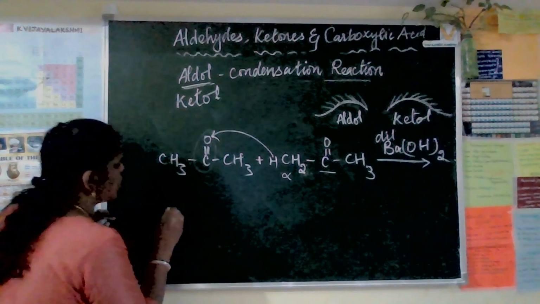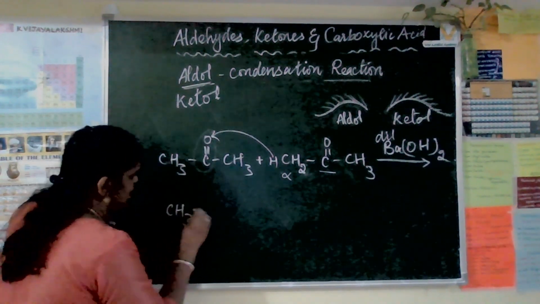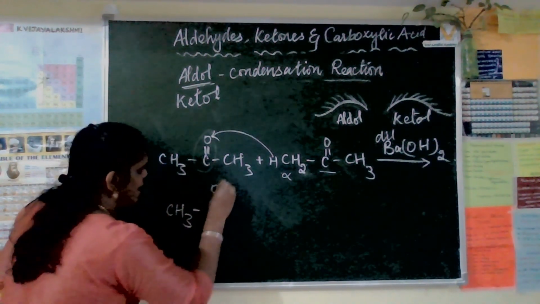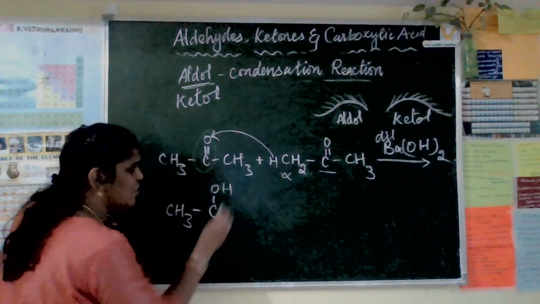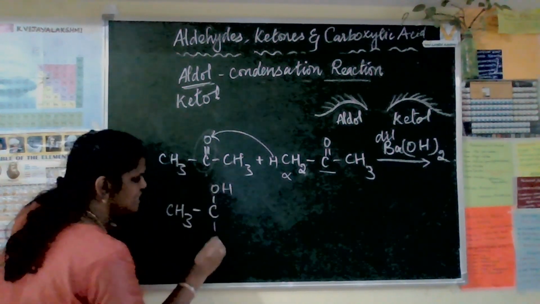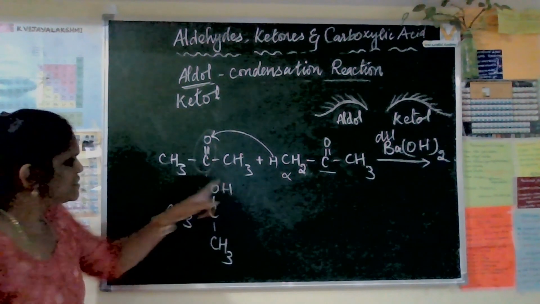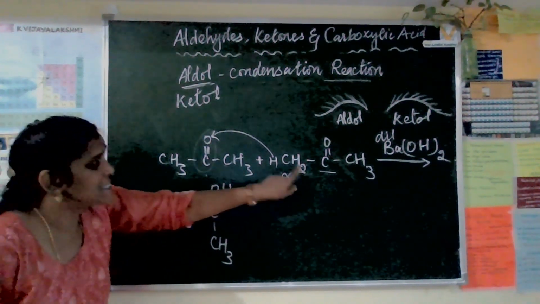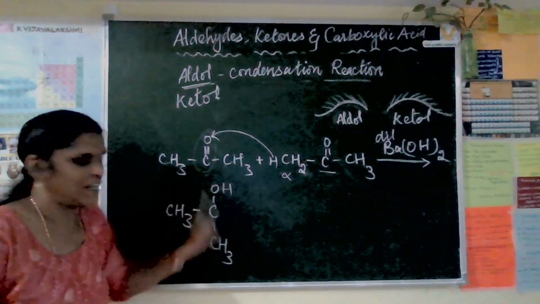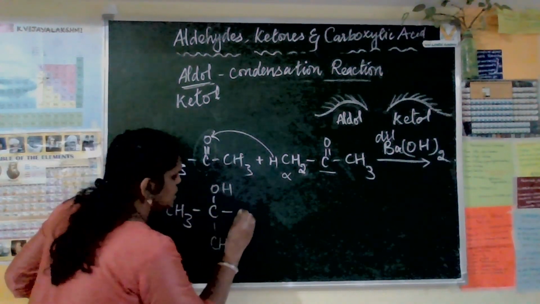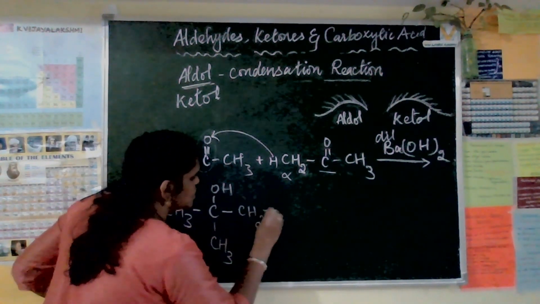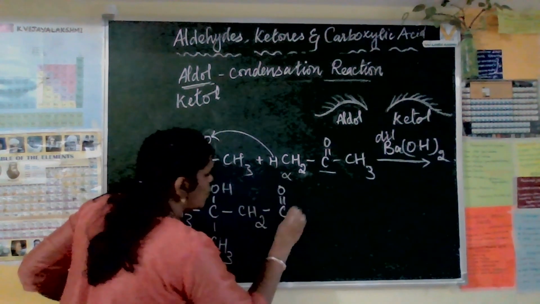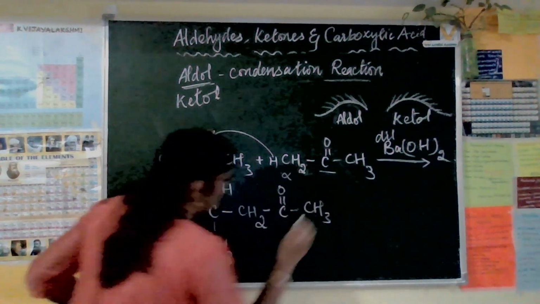Now what are you going to get? CH3, COH. Now this CH3 will come down here. Why? This CH2 will go and attach over here: CH2, C double bond O, CH3.